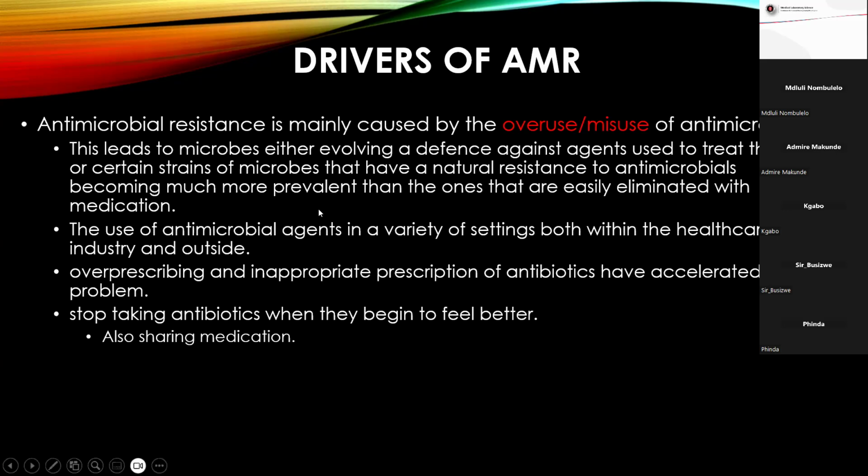Then also misuse or use of antibiotics in industries other than healthcare, like animals, water treatment, or even disposal. One will ask, where would the water disposed from the hospital, the pharmacist, or chemical or medicine producing companies go?